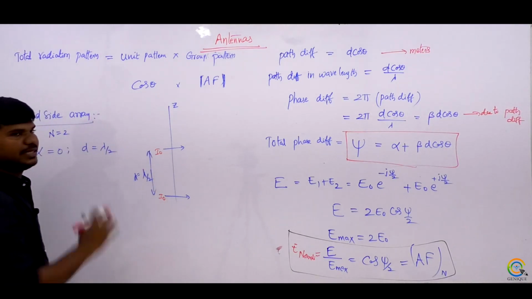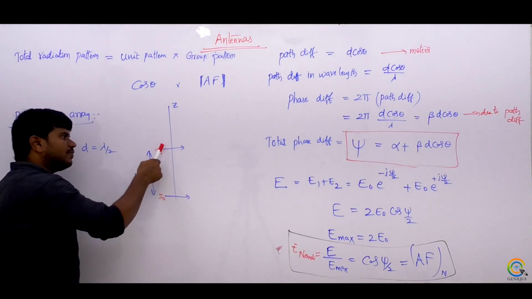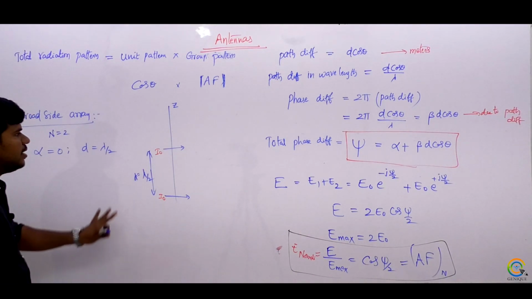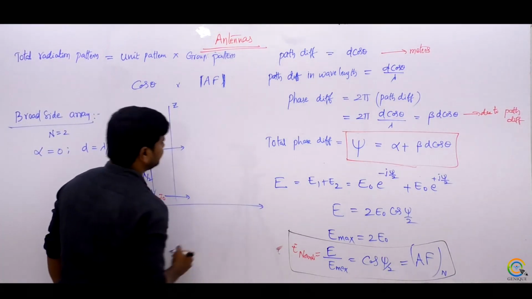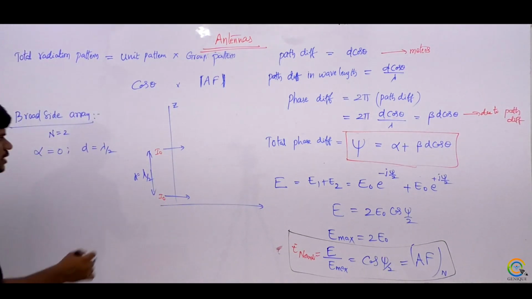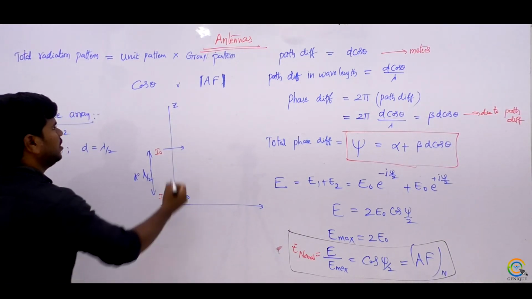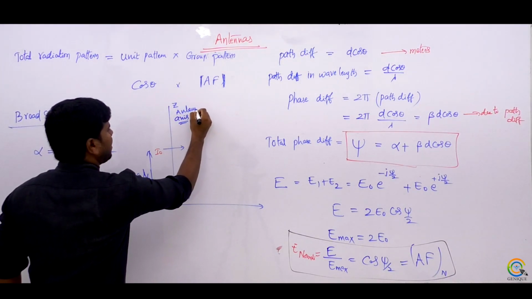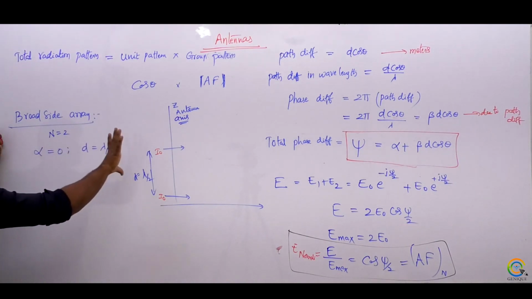In the generalized case I had taken I0 e power minus alpha by 2 and I0 e power plus alpha by 2, but here this is the broadside array. This is the antenna axis. Now I am taking the broadside array of two elements like this. This is called the broadside arrangement.